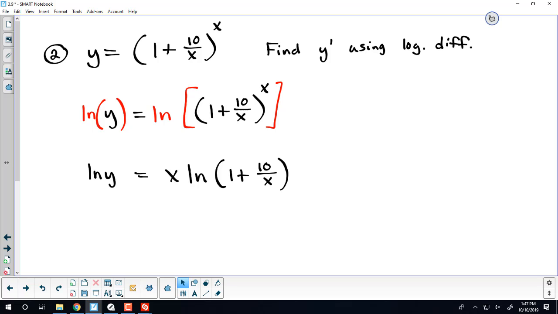This is going to be negative 1 over x squared. Then you have 10 times negative 1 over x squared, which is negative 10 over x squared. That's your one. Same exact thing. Oh, yeah.